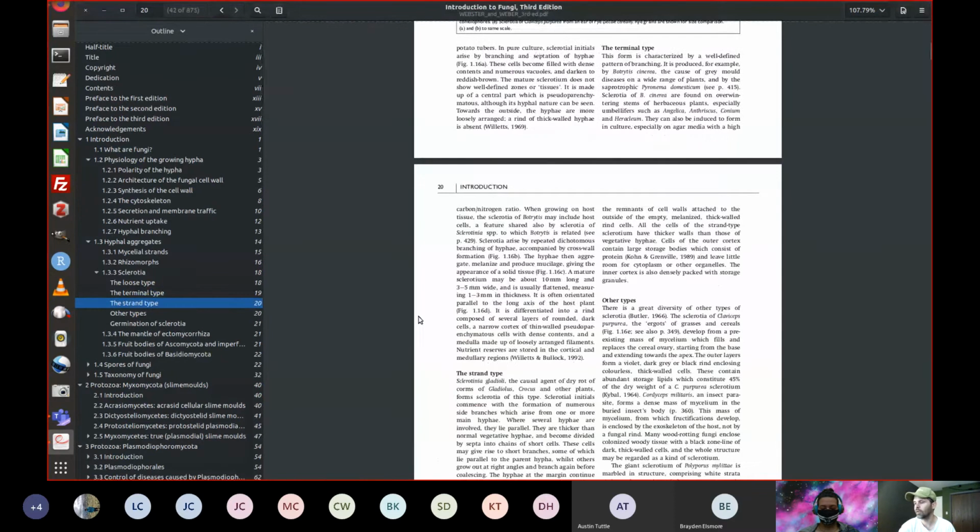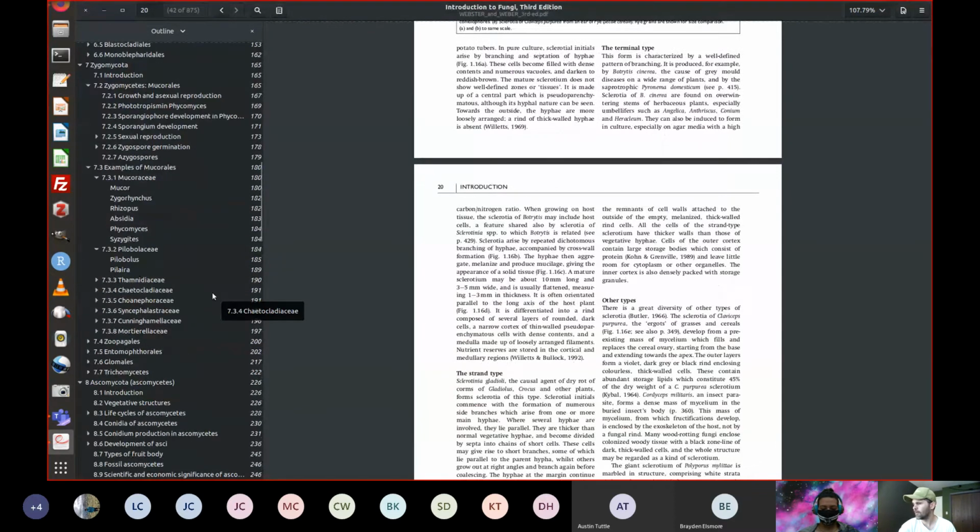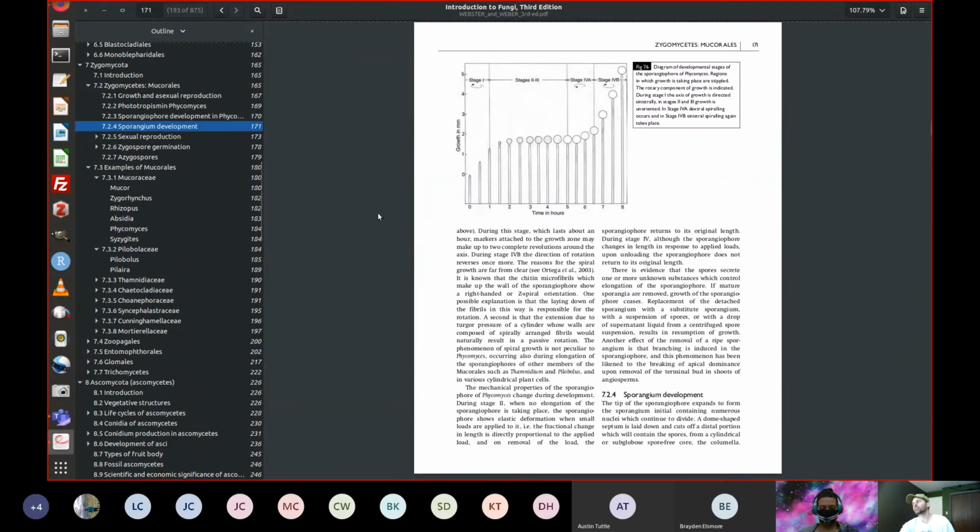No, sorry, the book. So sporangium development. This is what you're going to see on your bread after it's been going for long enough and starts getting little black spots on it. You can see here that we're talking like 8 hours from no sporangia to fully developed, ready to go.